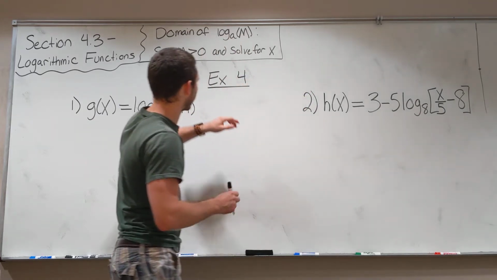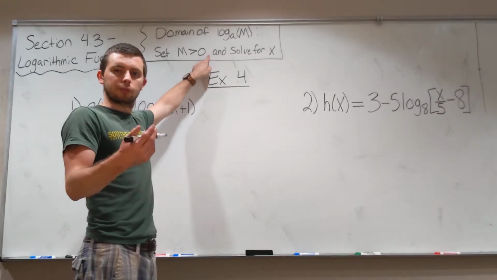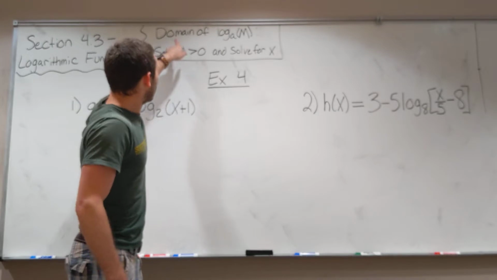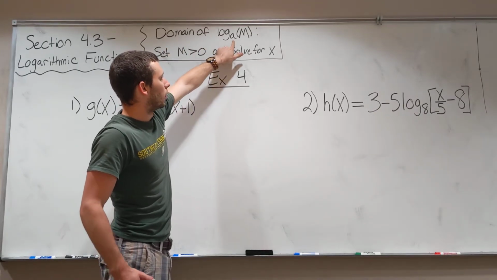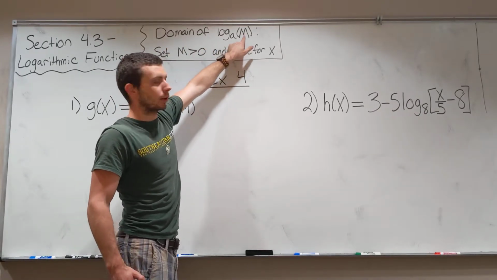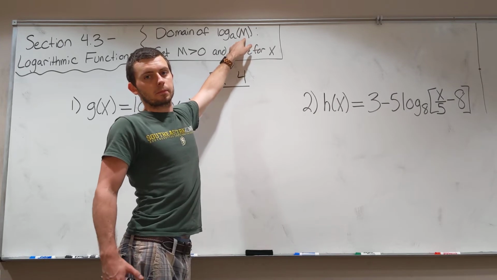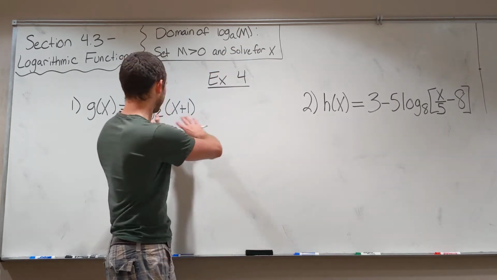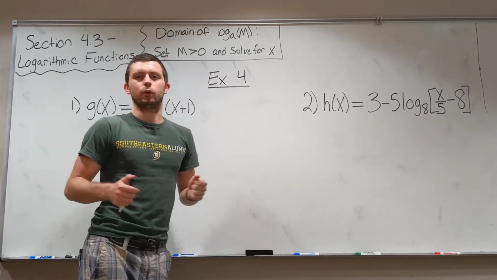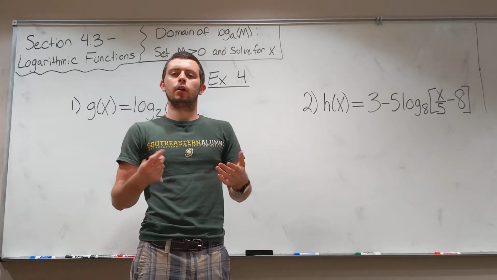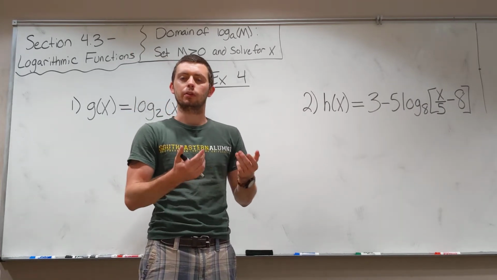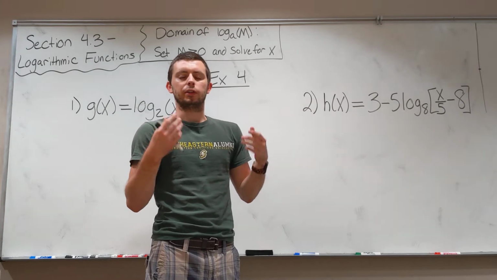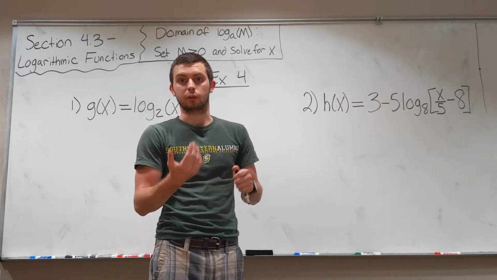So that's actually something I summarized here. You'll also see it in your notes. The domain of the log base a of some expression m, so m could be anything, as we'll find out in these two problems. So I'm giving another criteria, similar to if you see a fraction, you find the domain by setting the denominator not equal to 0.